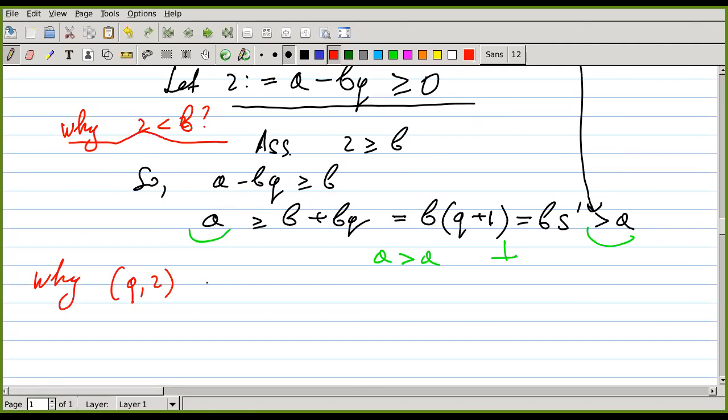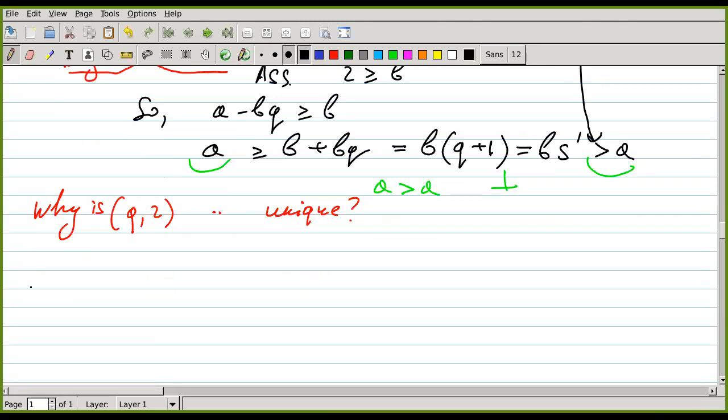The theorem requires them to be unique. Why is this pair, namely, a single object? Why is this pair unique?